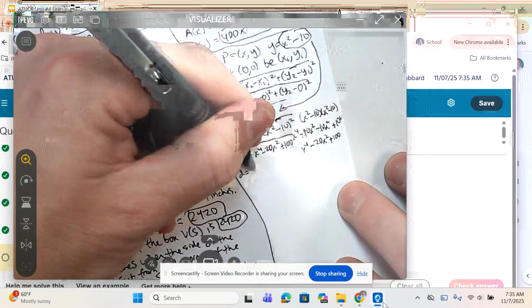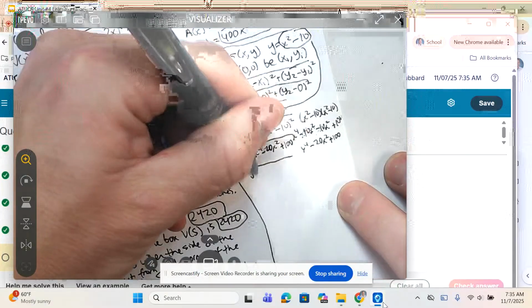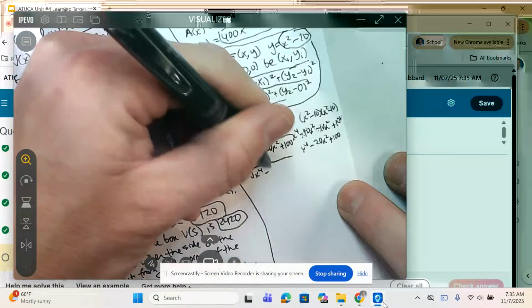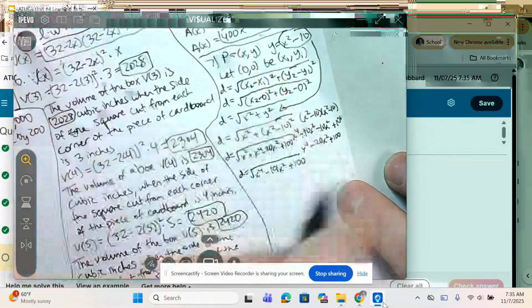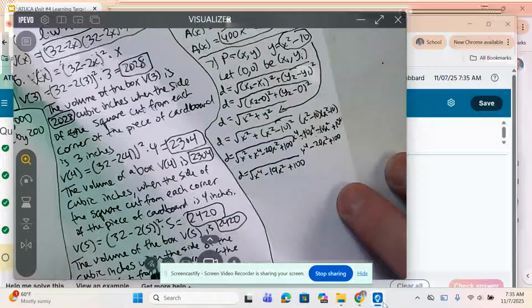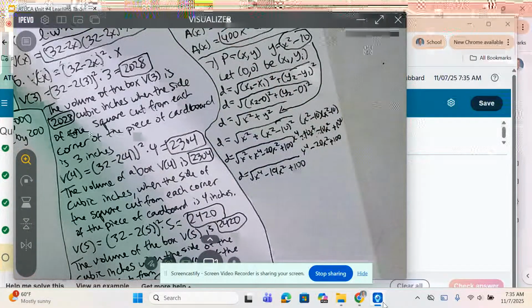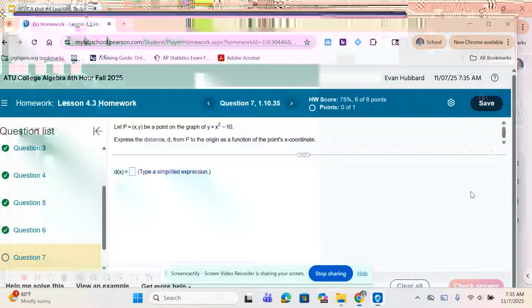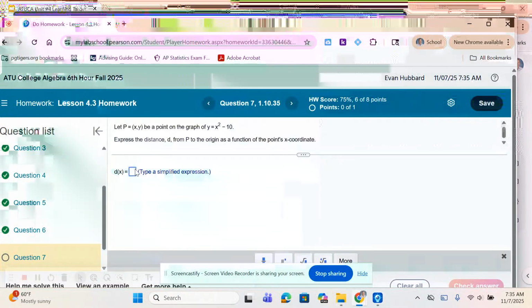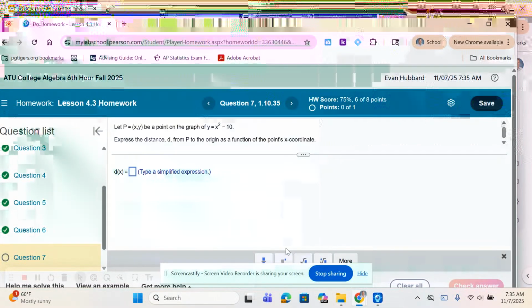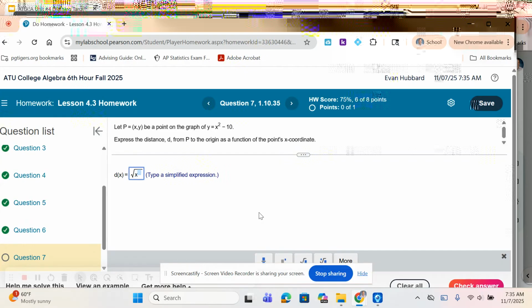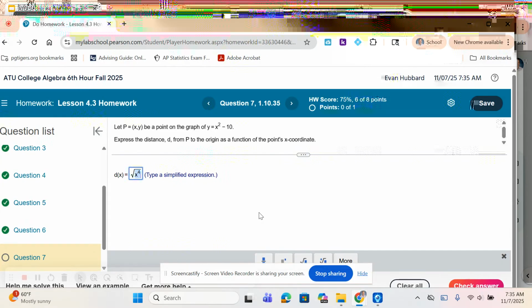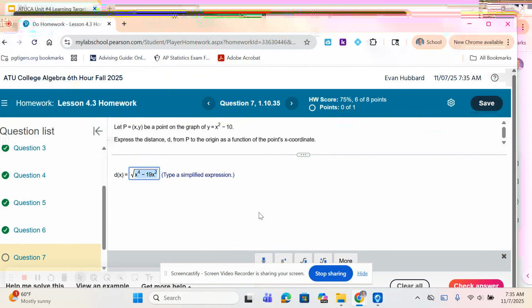So the distance is the square root of x to the fourth minus 19x squared plus 100. So there's your distance, and this would be our solution, the square root of x to the fourth minus 19x squared plus 100.